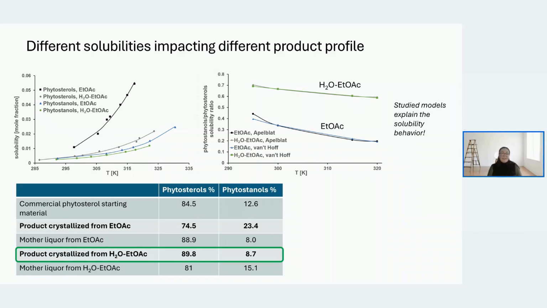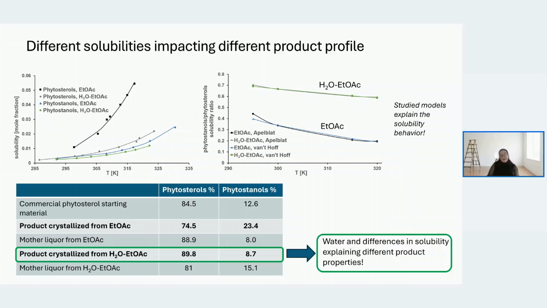But when the crystallization was done with the water-ethyl acetate solvent system, we got a really nice profile for our purposes: a much higher amount of sterols and a lower amount of stanols. We also wanted to analyze the mother liquor composition to make sure that the mass balances are right, and that the solubility is the reason behind the different product properties we get.